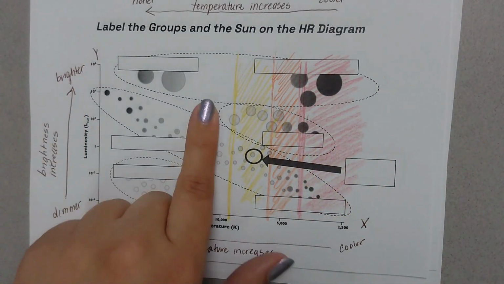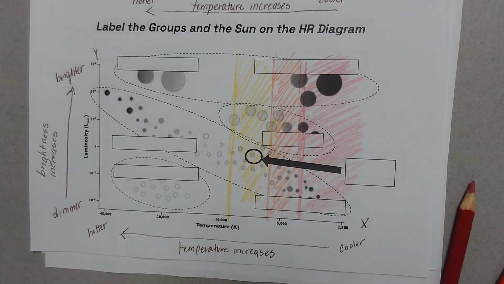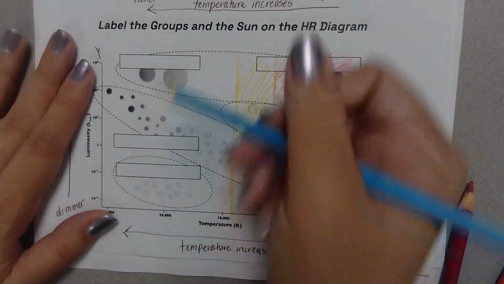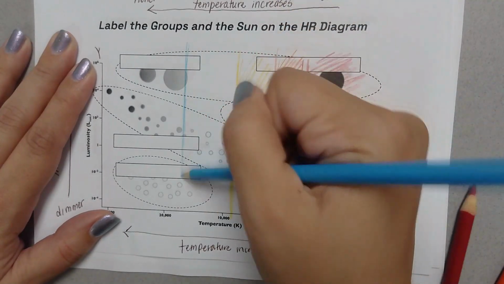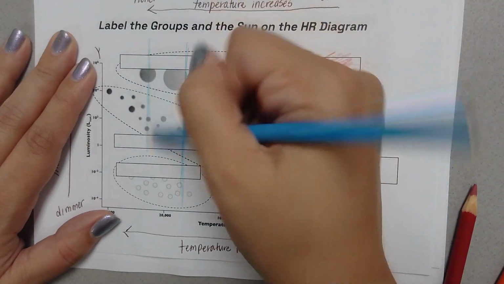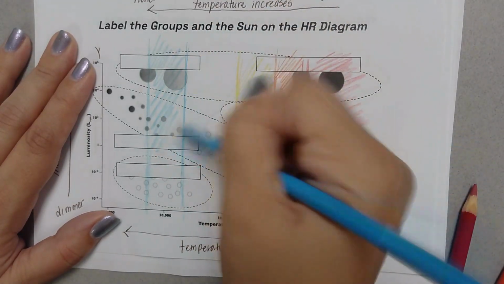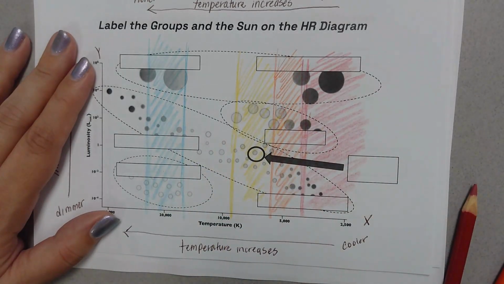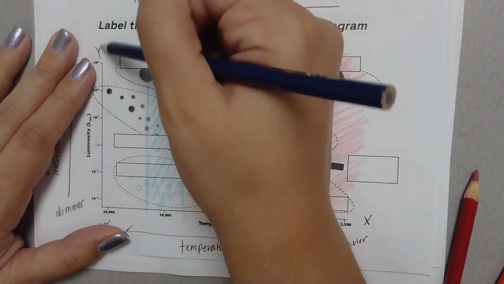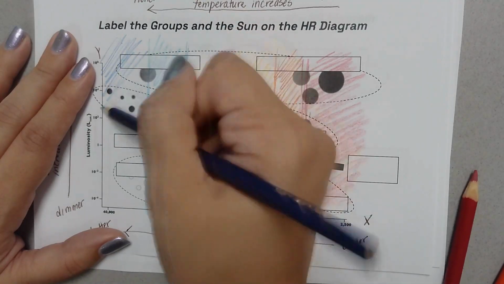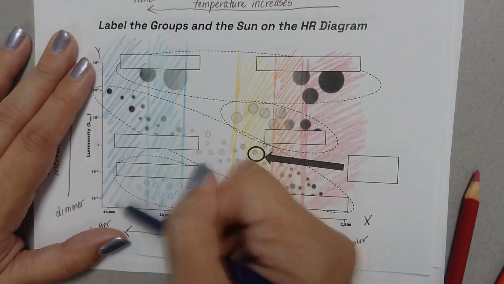So we actually have a gap in the middle. Our slightly warmer stars are white. After this gap, our stars are blue. Our blue-white. And then we have just blue stars over here on the far left-hand side.